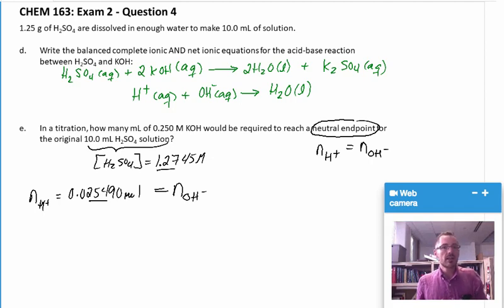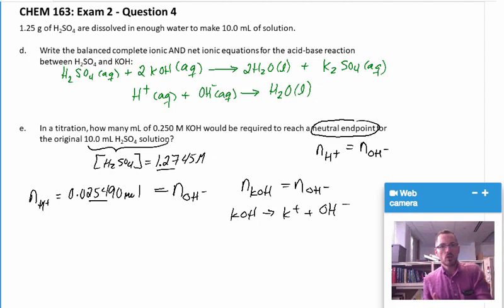And we can convert the number of moles of hydroxides to the number of moles of potassium hydroxide, because I know that the number of moles of potassium hydroxide is equivalent to the number of moles of hydroxide, because KOH breaks up into one potassium and one hydroxide. So the number of moles of KOH will always be the number of moles of our hydroxide, since it's 1 to 1.